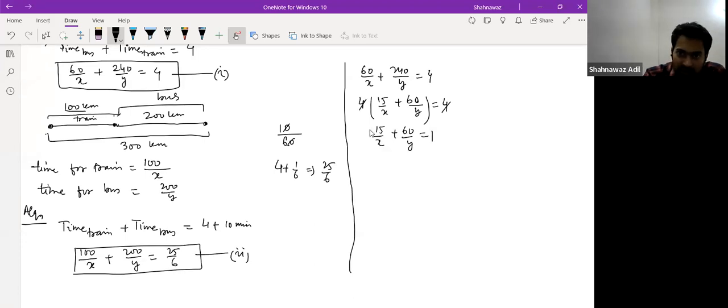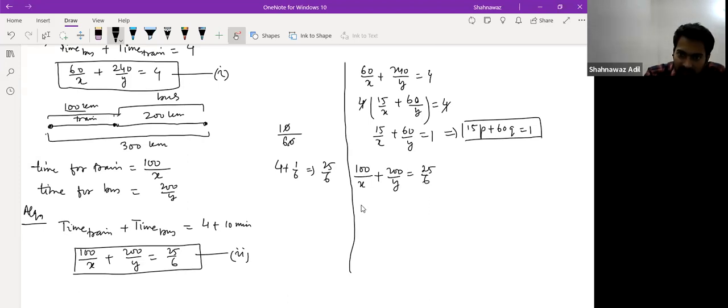Let P be 1 by X and Q be 1 by Y: 15P plus 60Q equals 1. This is one equation.